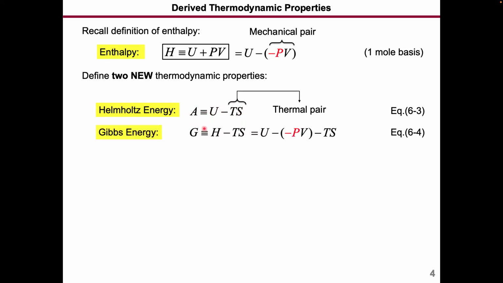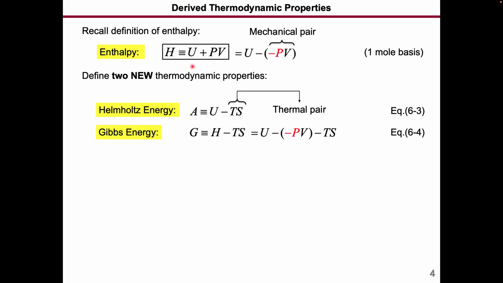And then the other, very important thermodynamic property is called Gibbs free energy, or Gibbs energy. G is usually used to represent Gibbs energy. So Gibbs energy is just enthalpy minus the thermal pair, so H minus TS, okay?